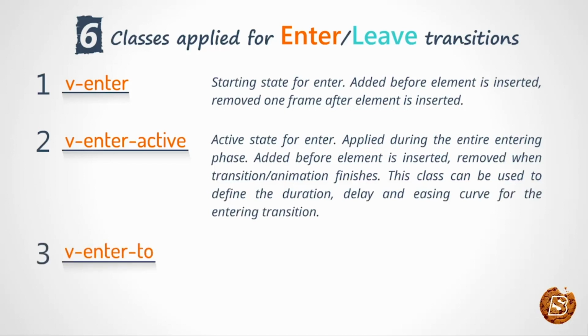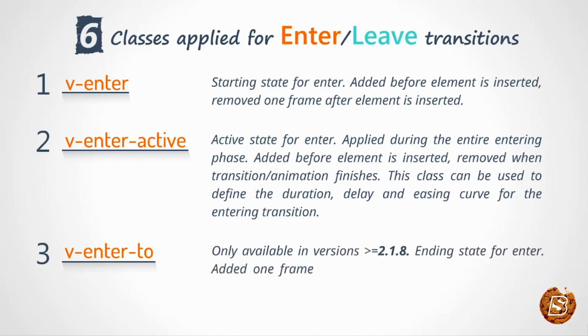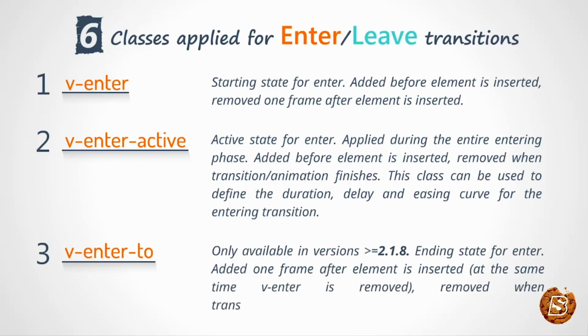Then we have v-enter-to, which is only available in versions greater than 2.1.8, and it's the ending state for enter, added one frame after element is inserted. At the same time, v-enter is removed when transition or animation finishes.